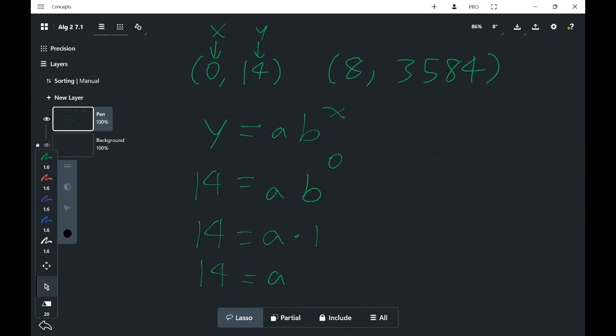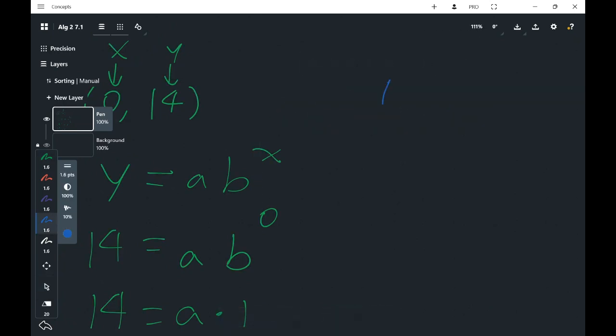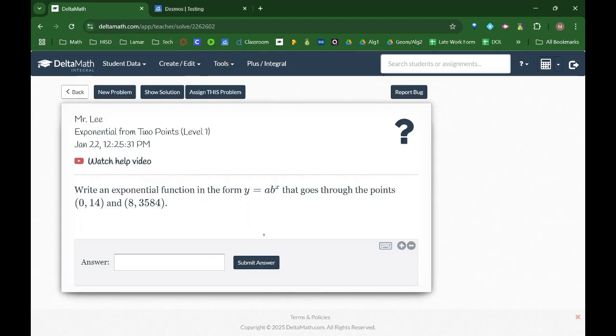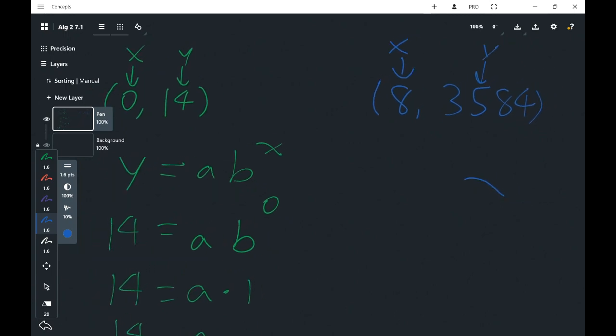So we found a. Now we're going to use the other set of points here. So that means I'm really going to, here, let me draw it like this. 8, comma, 3584. We now have an x and a y value here that let's plug into our equation.